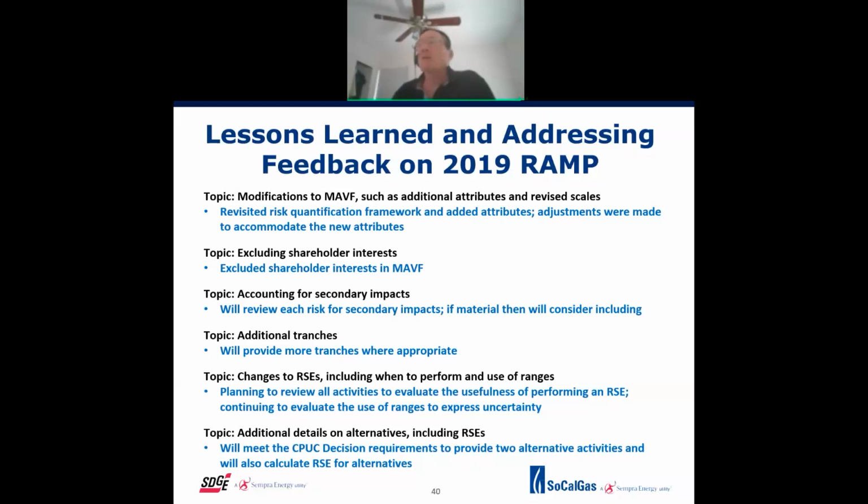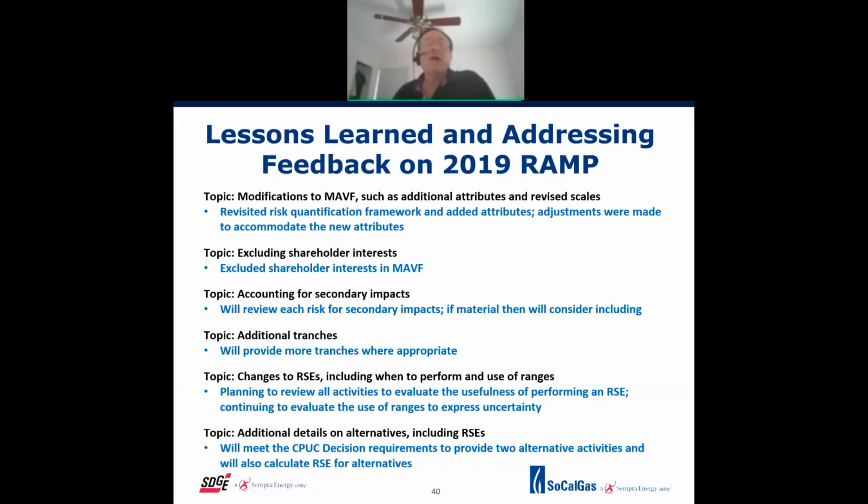Again, the first topic is modifications to MAVF, such as additional attributes and revised scales. As Mason has already mentioned, we have revisited the risk quantification framework, and we've added an attribute, trust and reputation, and also a sub-attribute, the acres burned.